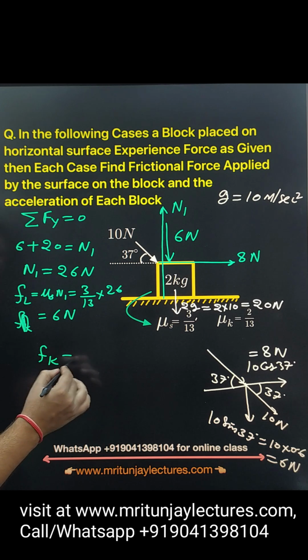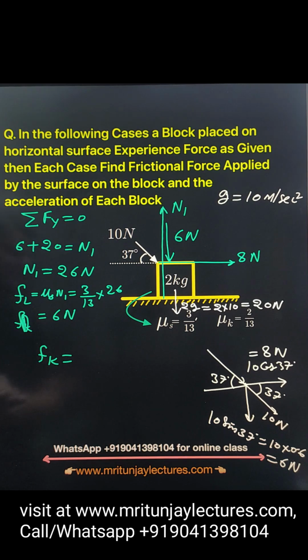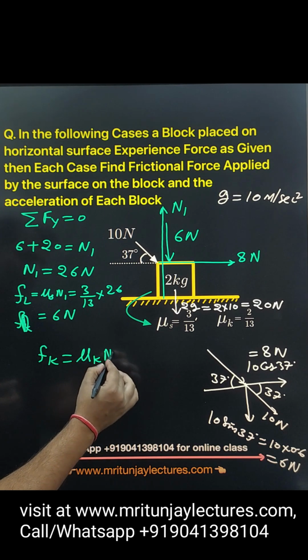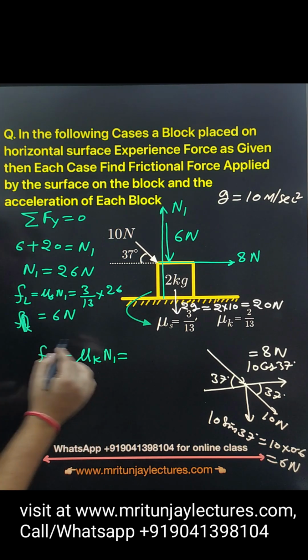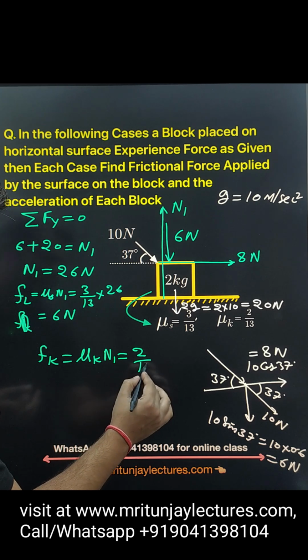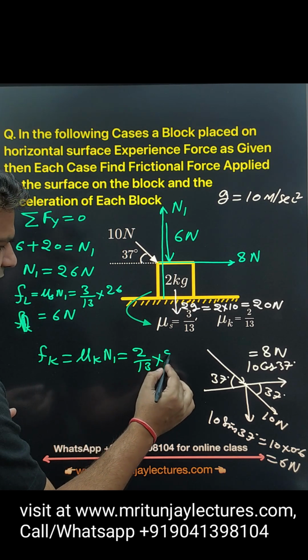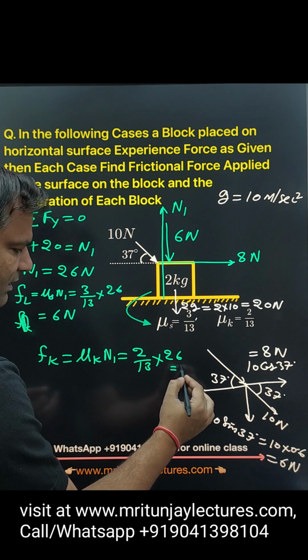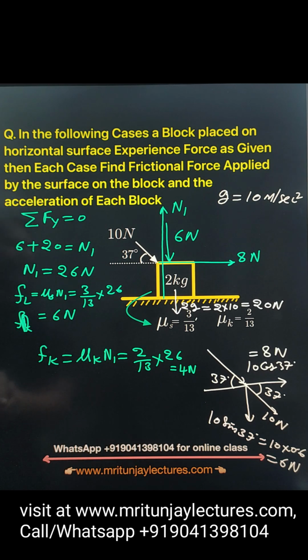And what about Fk? Fk is mu k into n1. Mu k is 2 by 13. n1 is 26. So that is 4 Newton. So finally, 4 Newton.